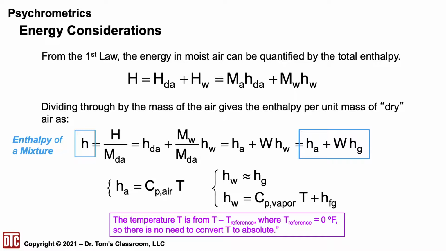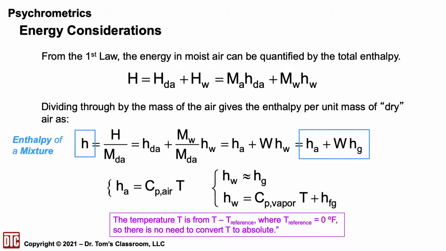Now you may notice that we have just a single temperature here, but we're not necessarily having to use absolute temperature. That's because the thermodynamics people were really clever, and they said, let's reference everything to 0 degrees Fahrenheit. And when you do that, the T reference is 0, and it basically goes away.